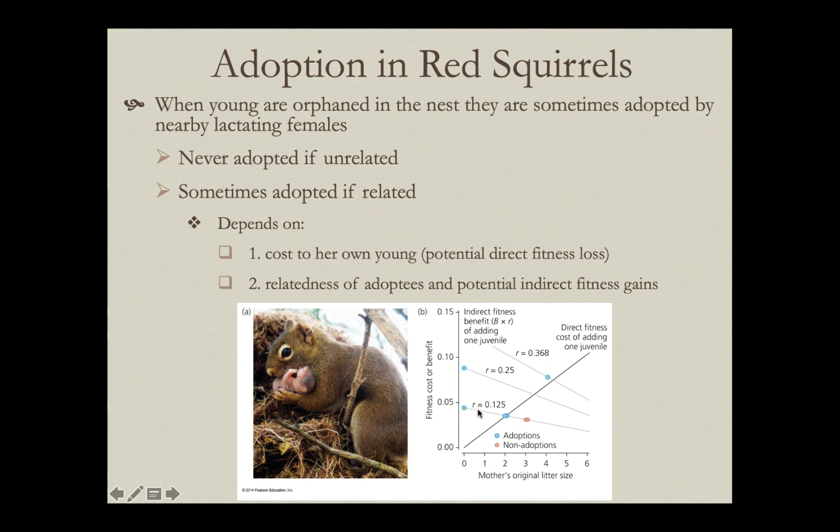And here's the relatedness that would be associated with adoption only if you had 2 or fewer young. So if you're talking about cousins here, the 1/8, you're not going to adopt them if you have more than 2 of your own offspring. That line is just too steep there. Here we have situations where they were available, but they just weren't adopted because the potential stepmother already had 3, and it was just going to be too costly.